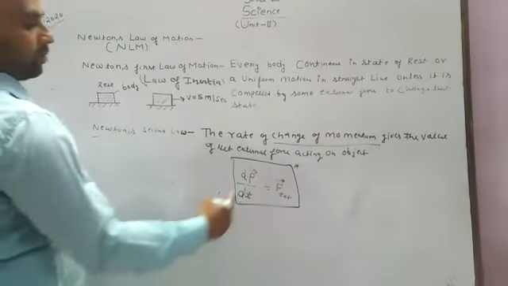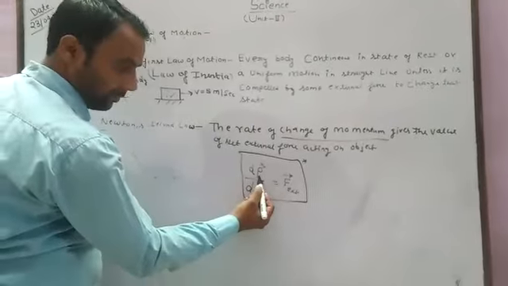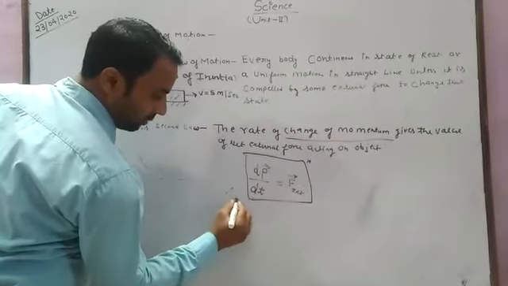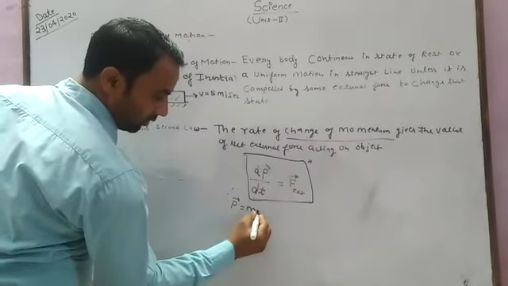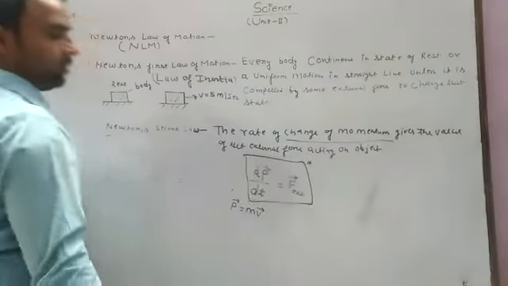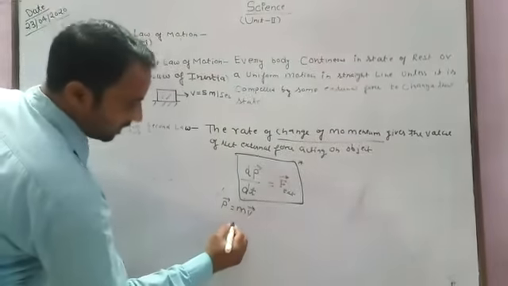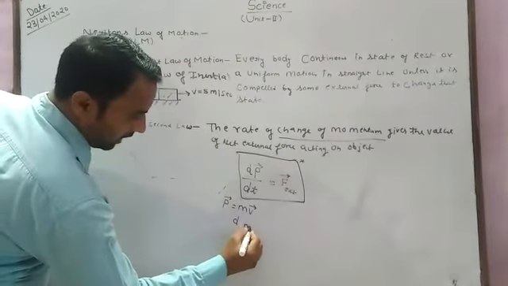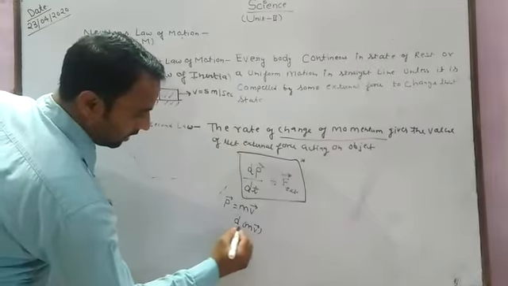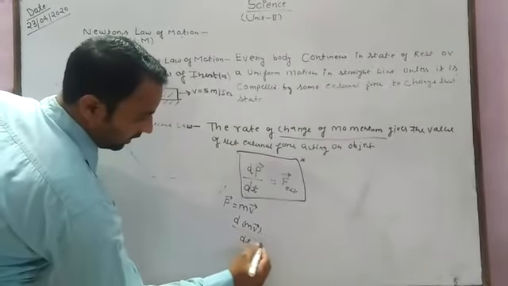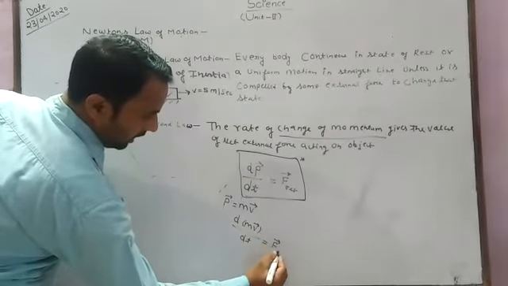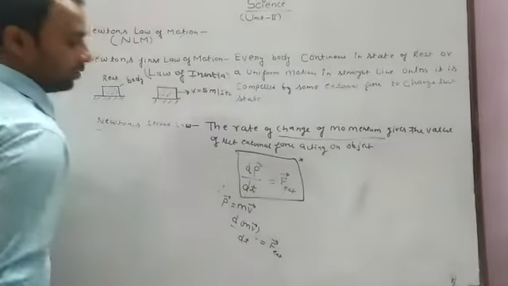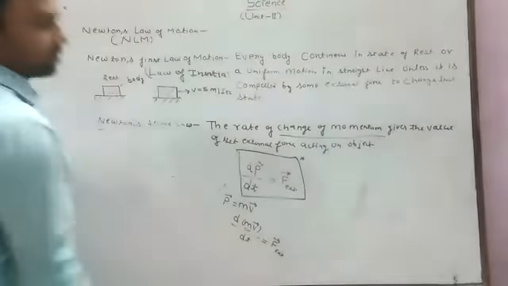Now what is the vector p? Vector p is equal to mass times velocity vector. Placing this, d(m v)/dt is equal to the net external force applied on the object. Here m should be constant.